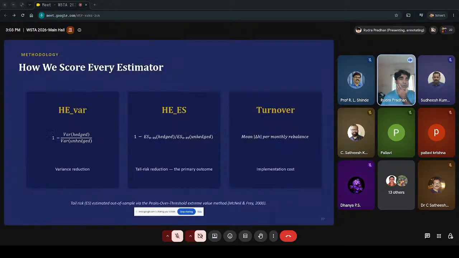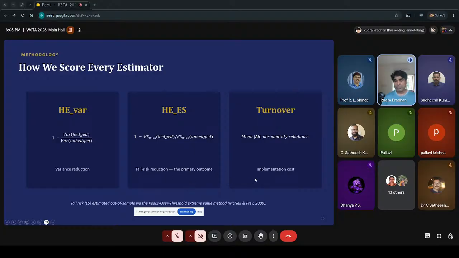And now coming to a little bit more about this methodology part: how we score every estimator. These are the formulas which we use. The first one is related to variance reduction. The second one is related to tail risk reduction. This is the prime outcome, you can say.